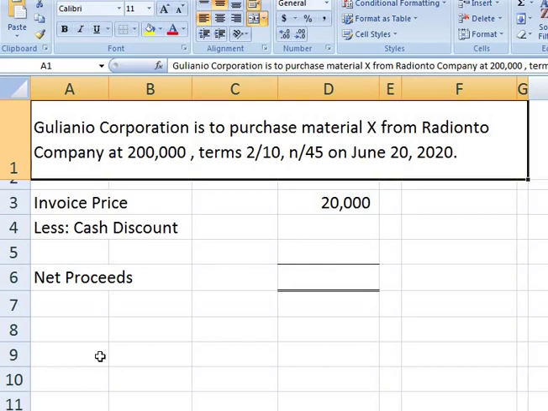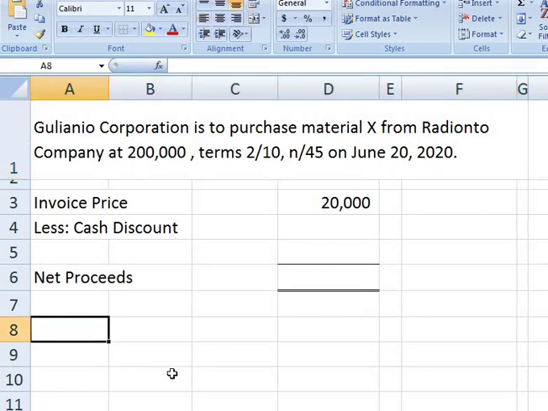So anong ibig sabihin nun? So ibig sabihin that if the buyer will pay his account within 10 days from the date of the invoice, then pwede siya maka-avail ng 2% discount.